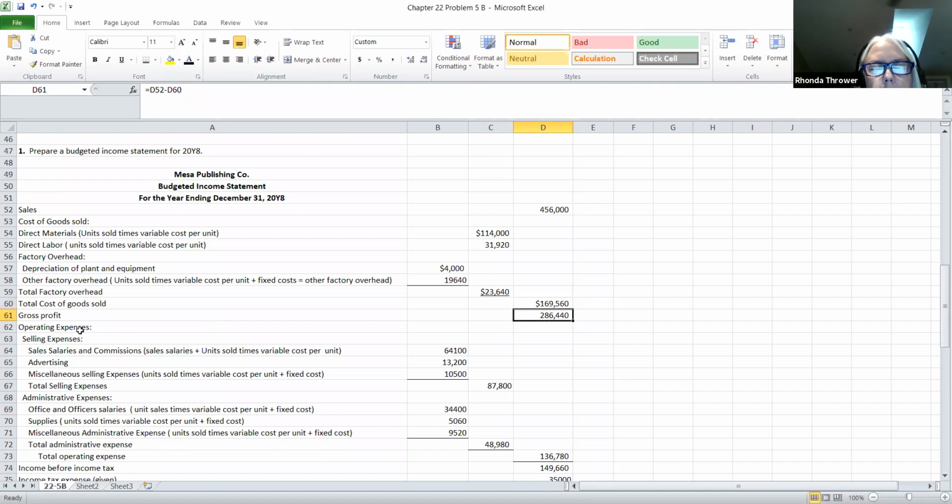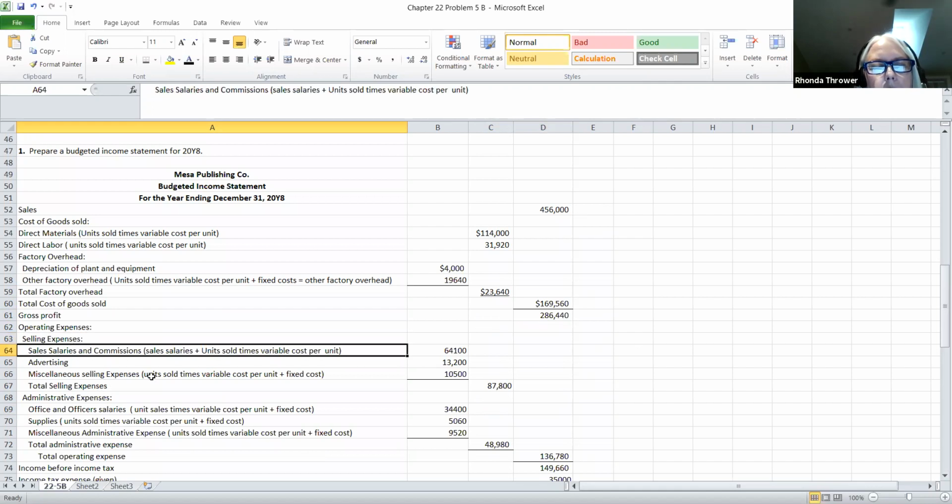And then we're going to look at our operating expenses. Our operating expenses are going to consist of selling expenses and administrative expenses. We're going to start with our selling expenses first. The first type of selling expenses that this company had was sales salaries and commissions.